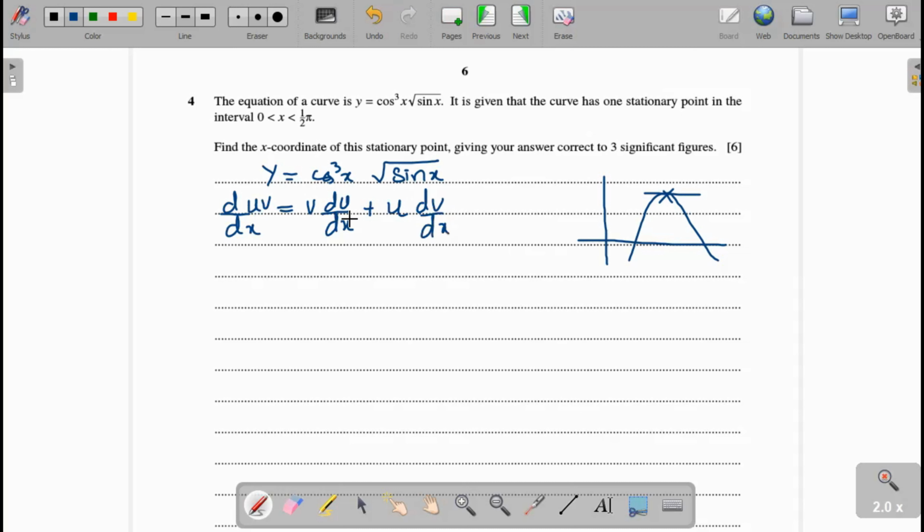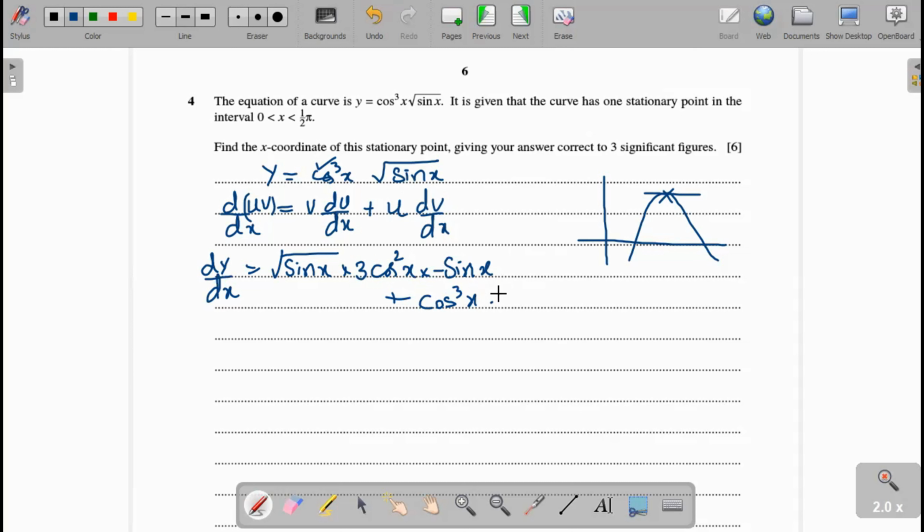Using this formula, dy over dx will be equal to the square root of sin x times the derivative of the first function, that is 3 cos squared x, and then the derivative of the base, that is minus sin x, plus u, which is cos cubed x, times the derivative of the second function.